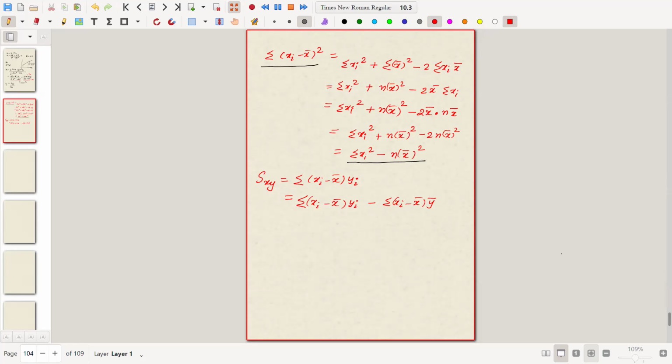Your job is to take this and bring it down to this formula. Here, at first glance, it was not clear that this quantity is equal to this quantity. Then we did some algebra and it got clear. So make sure that you can bring Sxy to this form.